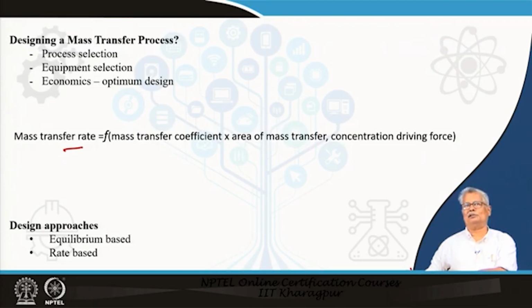And once we have decided these two, we have to arrive at the optimum design, which is basically supposed to be based on economics, but quite often exactly making an economic calculation is not necessary. We make certain other heuristic choices first, and among the choices we evaluate the best possible alternative, either by economic criteria like profit, rate of return, or cost minimization, or we decide on a particular technical factor like efficiency of the process or recovery of the process, and we arrive at the optimum design.